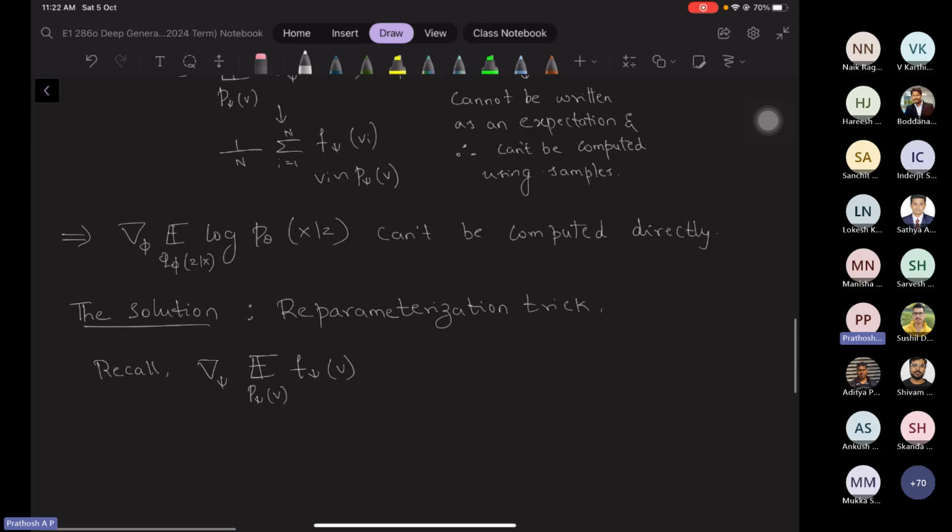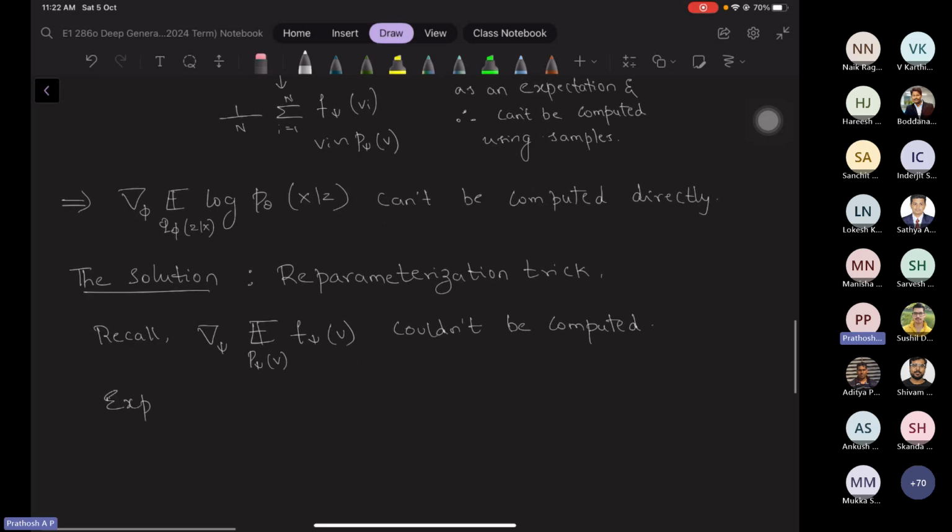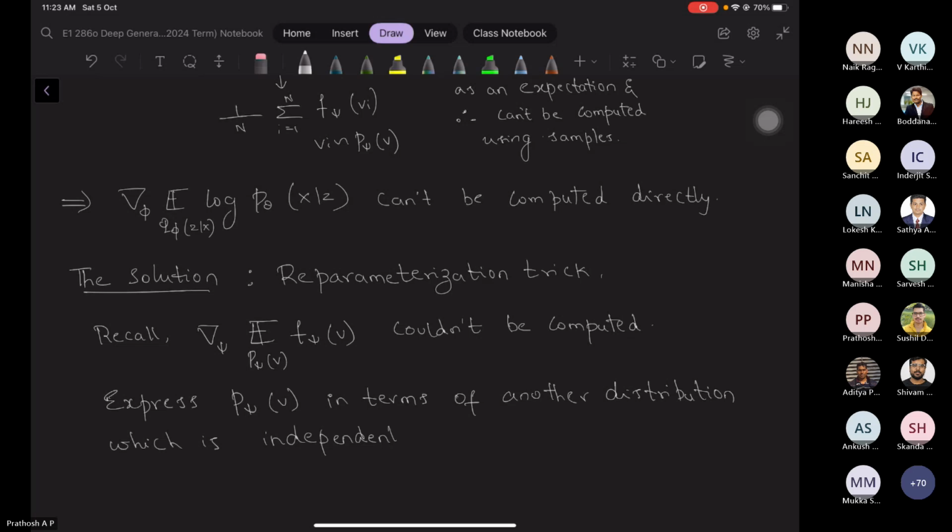Now all we need to do is, since this couldn't be computed, express it in terms of another distribution which is independent of the parameters.